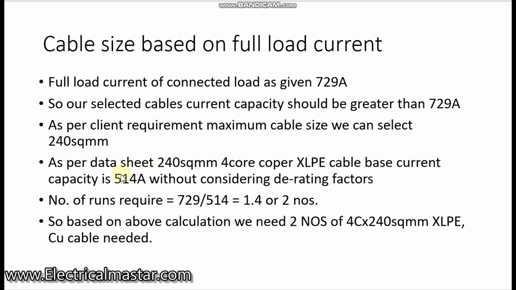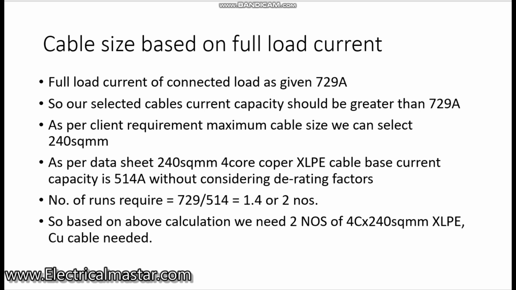Based on that, I found how many cables are required. Number of runs required equals full load current 729 ampere divided by the cable current carrying capacity 514. It came to 1.4, so rounding up, 2 numbers. So 2 numbers of cable is sufficient for connecting the transformer to the MCC panel with this load.